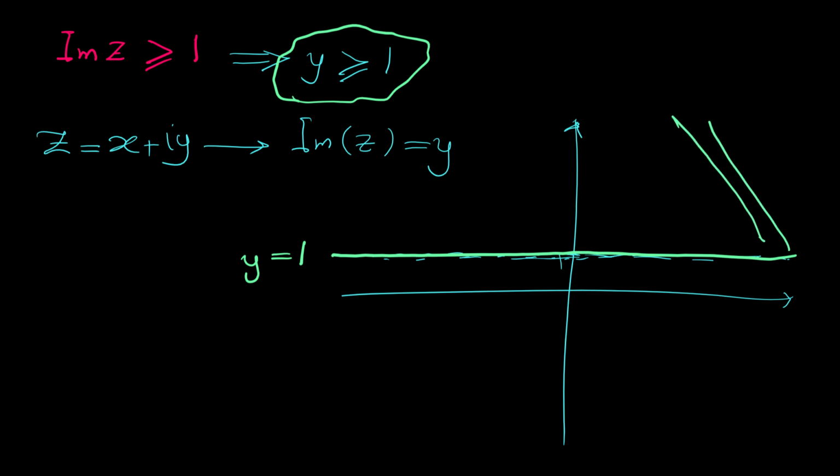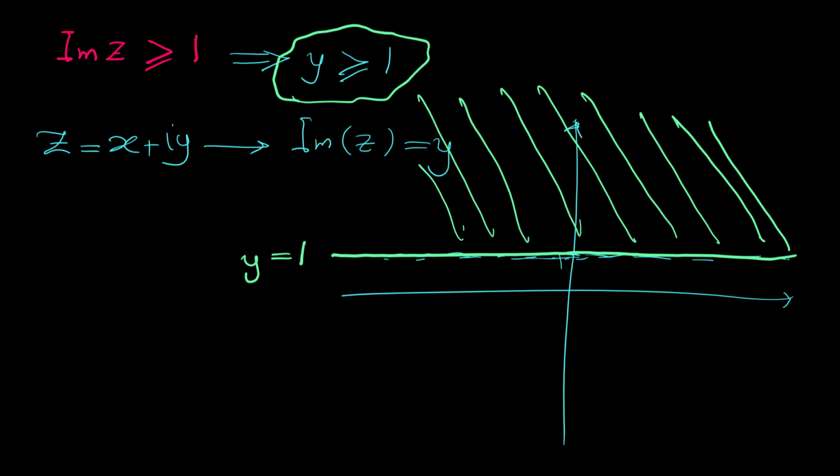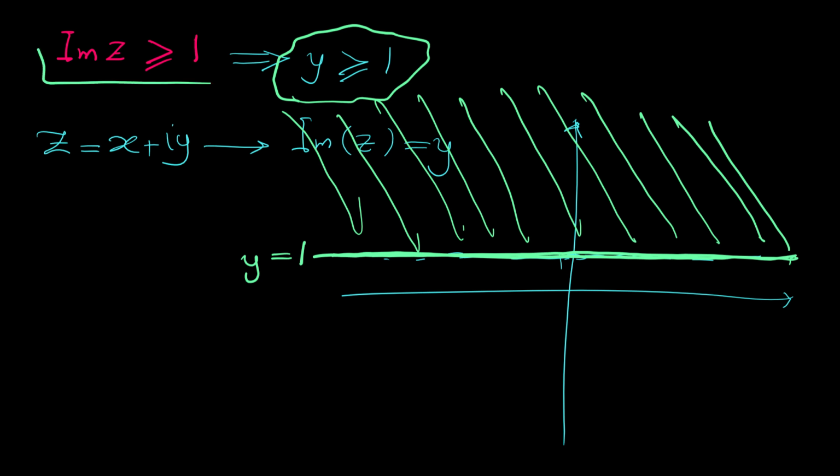All the points that are above this and also the points on this line are the points that this equation shows. So the points on the line and above this line are the region that this shows.